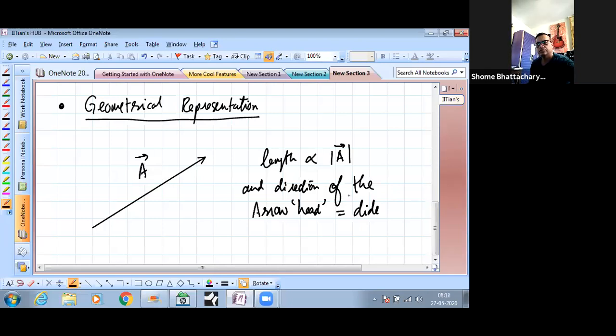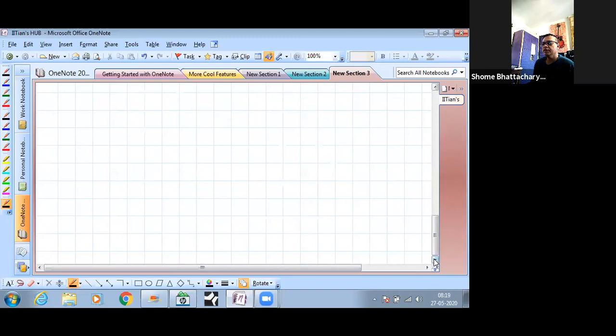Okay, so let's continue ahead. The direction in which the arrowhead points becomes basically the direction of the vector, so to speak. So to that end, we had seen all these things.